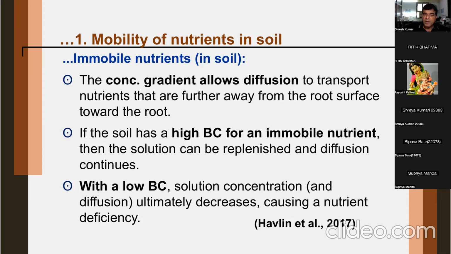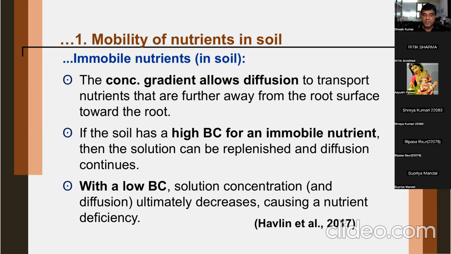If the soil has high buffering capacity for an immobile nutrient, then the solution can be replenished and diffusion continues. So this is important: if the immobile nutrient has high buffering capacity, like potassium, the solution can be replenished and diffusion continues.